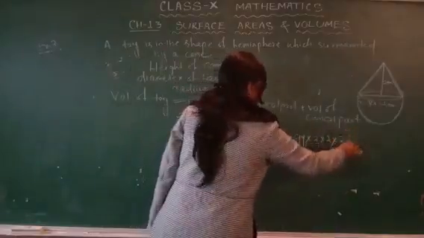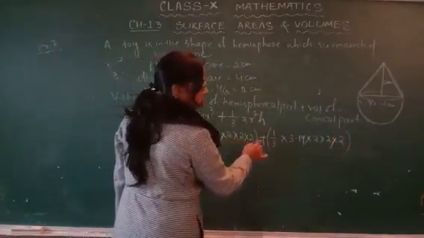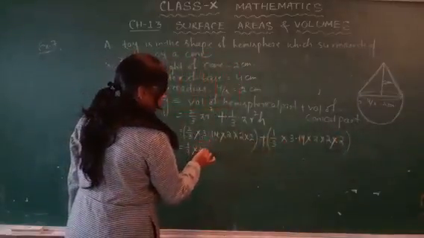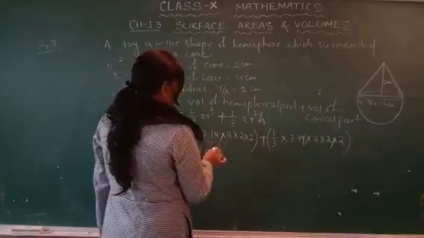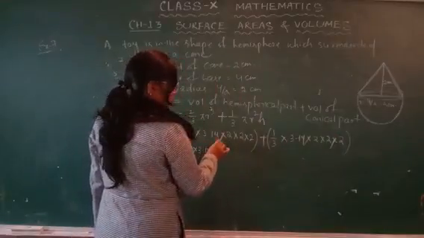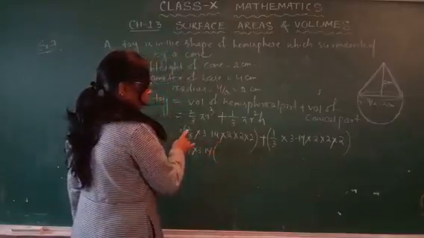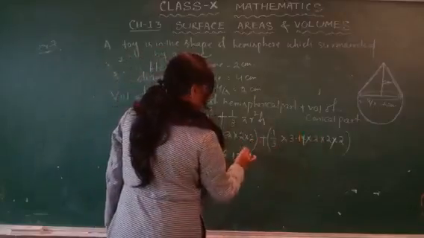So now here you see we take 1 upon 3, here 2 into 2 into 2, and here 2 into 2 into 2, that is 8, and 3.14. This we can also take common. So 1 upon 3 into 3.14 you can take common. So here 16, and then here 8.